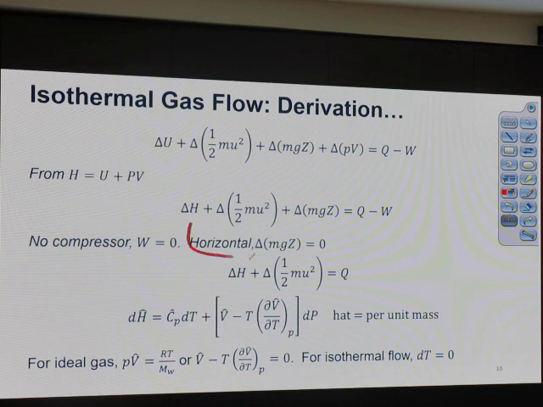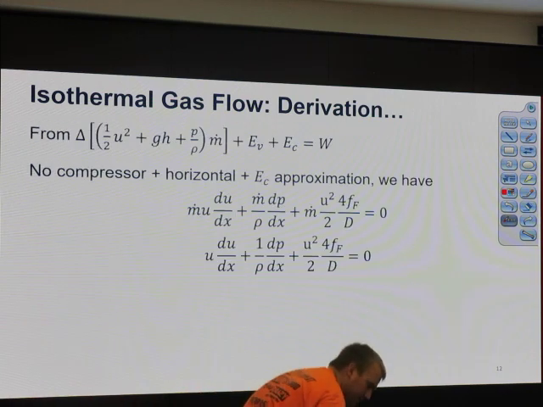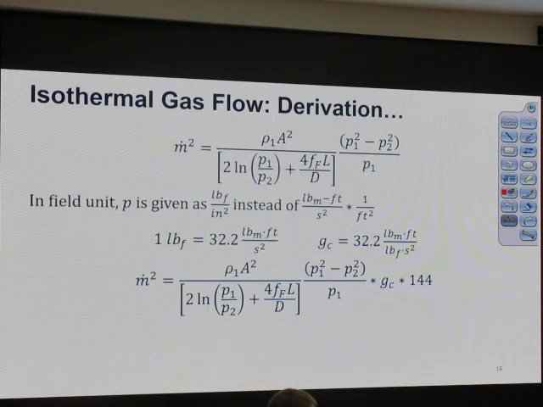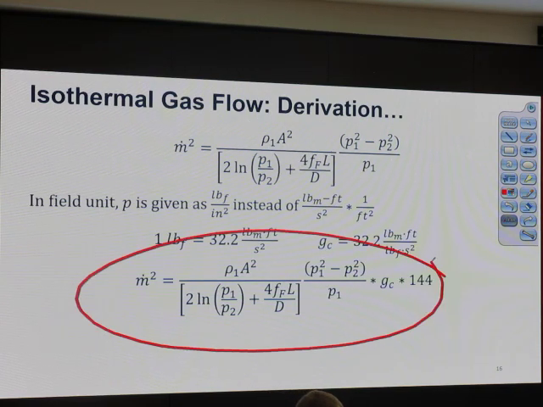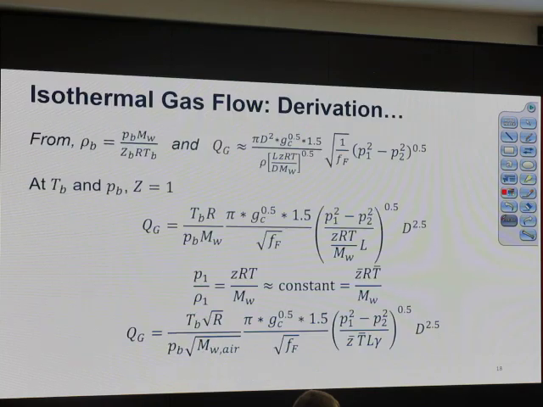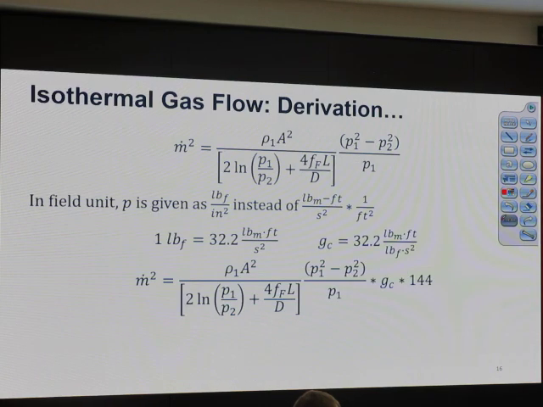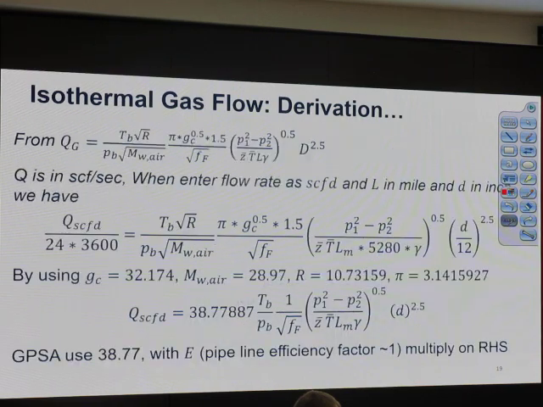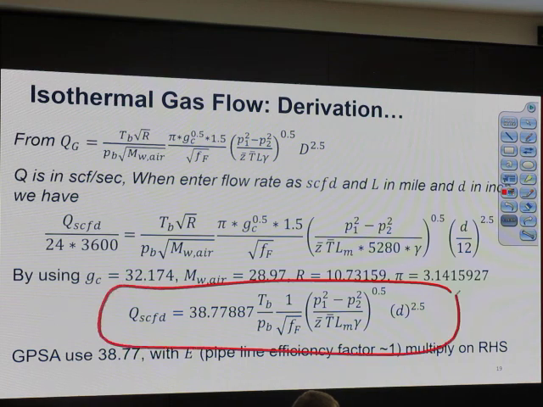We assume horizontal flow, no work done by gas, no work done on gas, and then we do a lot more math. Eventually, after a lot of math, we get that. After we get that, it is in a unit that is not easy to use, so we rearrange it to get a unit that is easy to use. That's what it is.